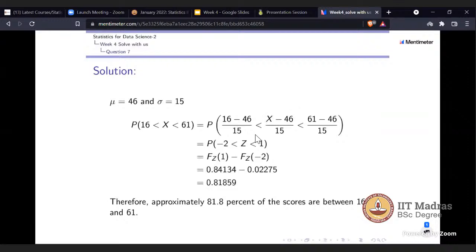We represent that using the capital Z. Capital Z is the notation for standard normal distribution, which means the distribution is normal with mean 0 and variance 1. If you do that, you will get the probability that Z lies between -2 to 1. Here (x minus 46) upon 15 is equal to Z. Yes, right.